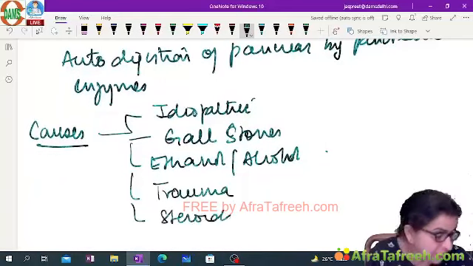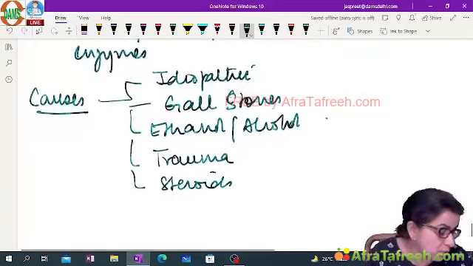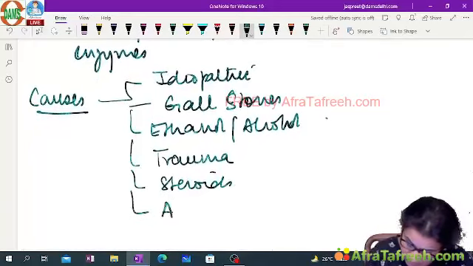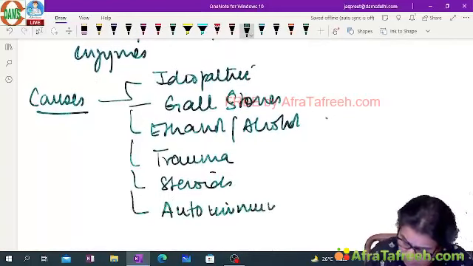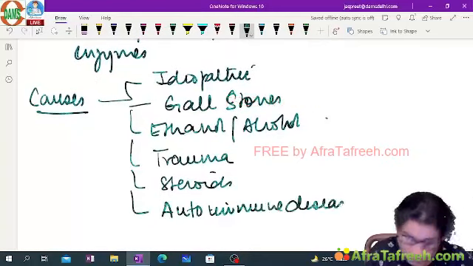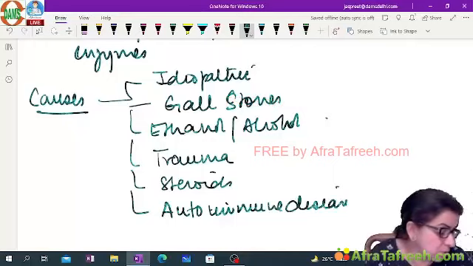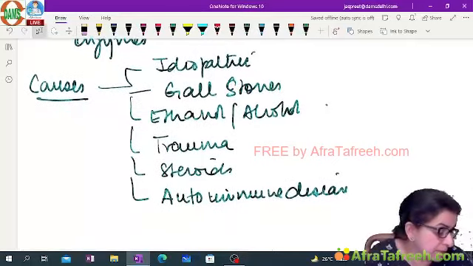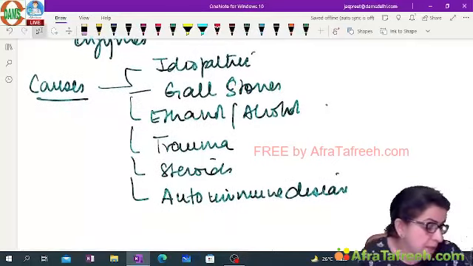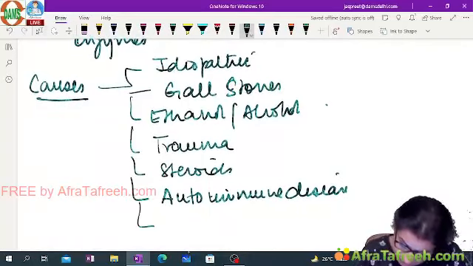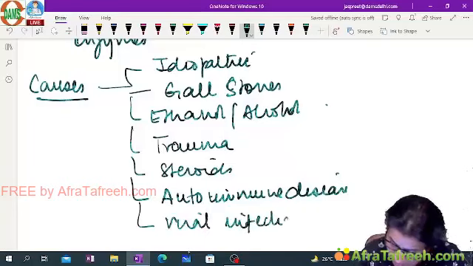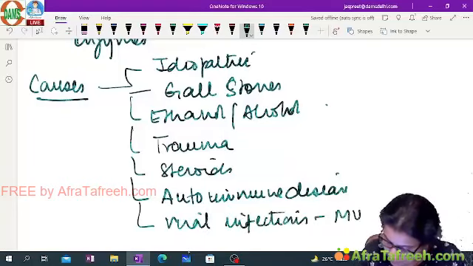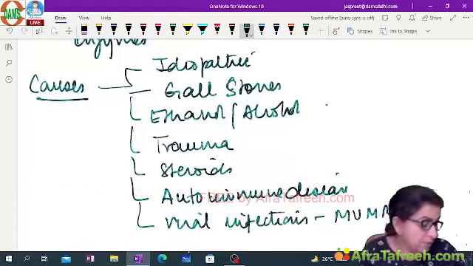Then autoimmune diseases can cause acute pancreatitis. And also viral infections like mumps can cause acute pancreatitis.